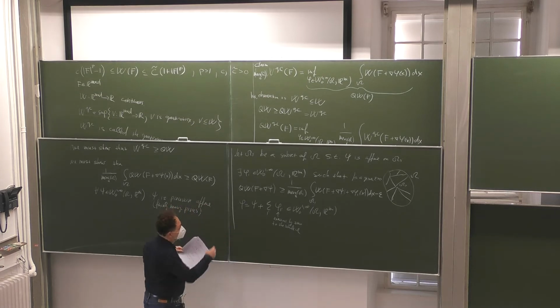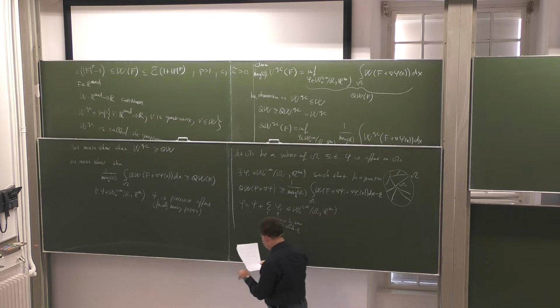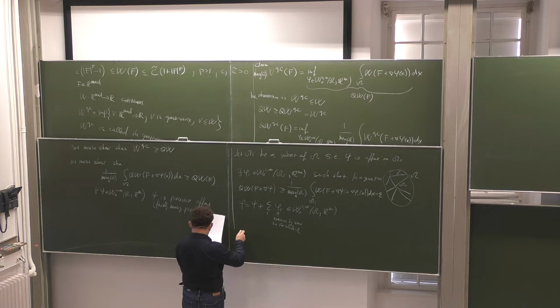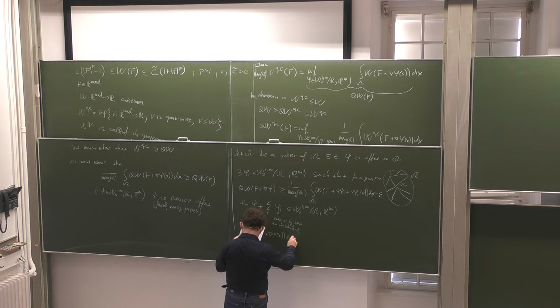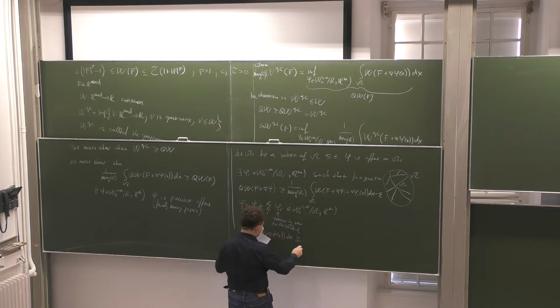So now you plug it in here, and then you get that the integral over omega of QW of F plus grad psi of x dx is bigger or equal. Now I use the right hand side here.